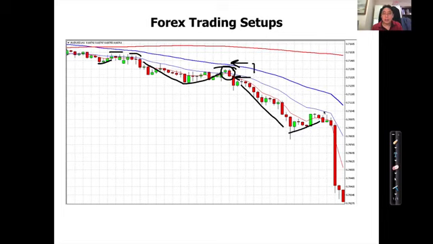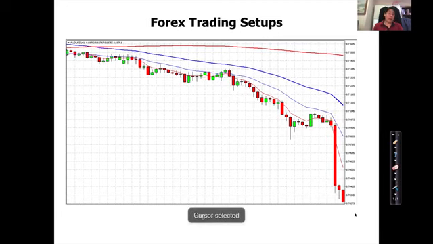It retraces again, hits the 18 moving average, forms a bearish pin bar candle with a long upper shadow, a sell, and continues down. Basic stuff. That's one way to trade trend retracements.